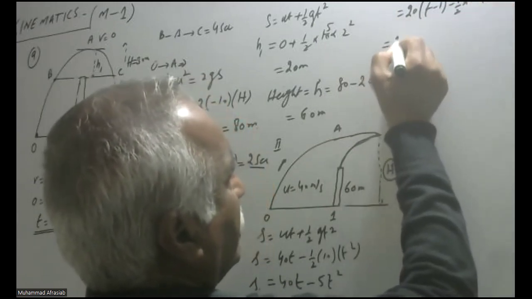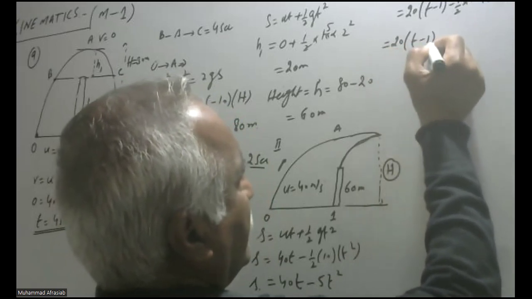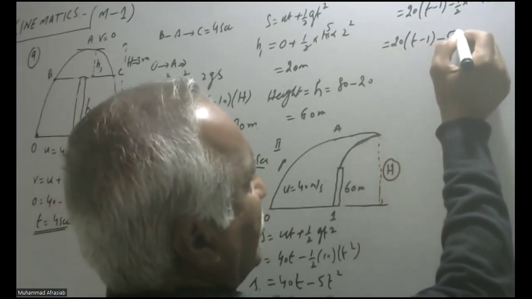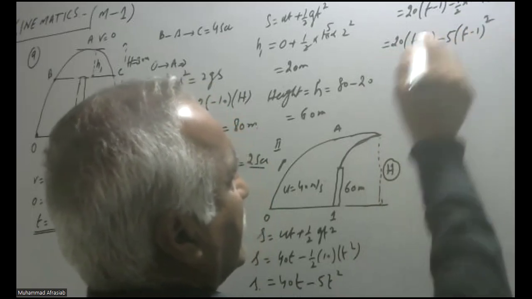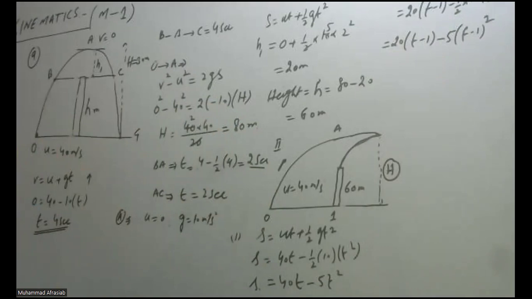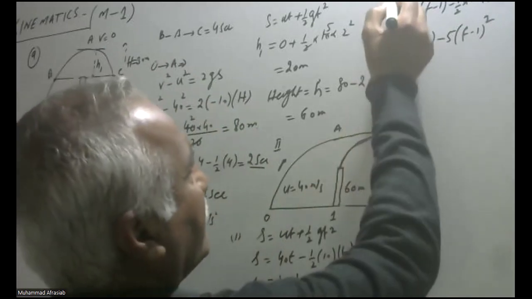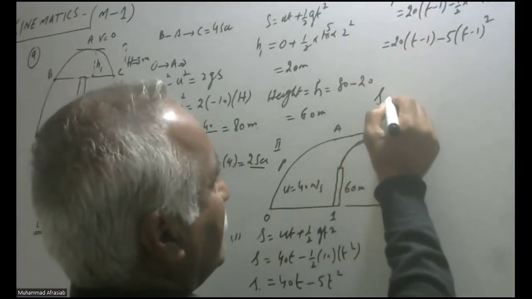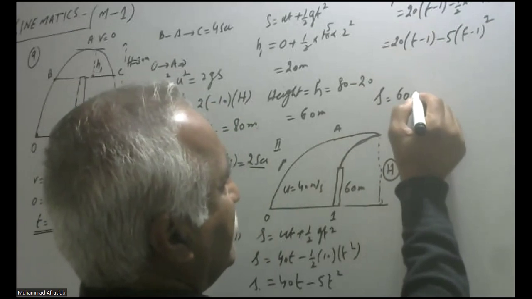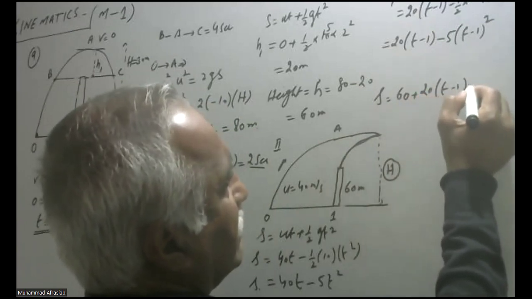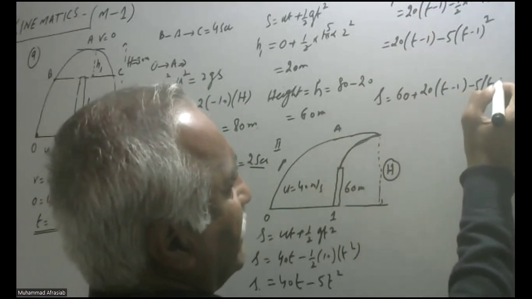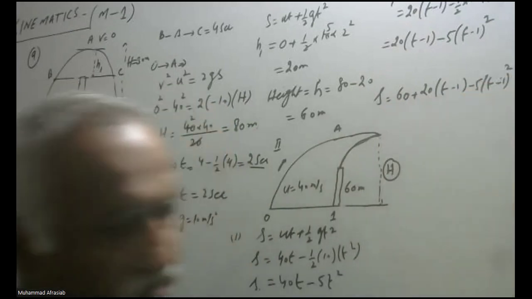So this will become 20 into t minus 1 minus 5 into t minus 1 square for the second particle. But the second particle is already 60 meters above the ground. So if it is 60 meters above the ground, then S will be equal to 60 plus 20 into t minus 1 minus 5 into t minus 1 square.